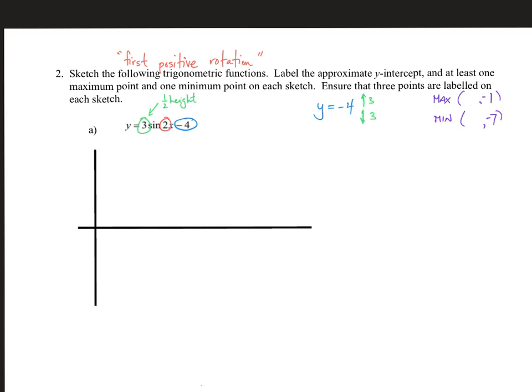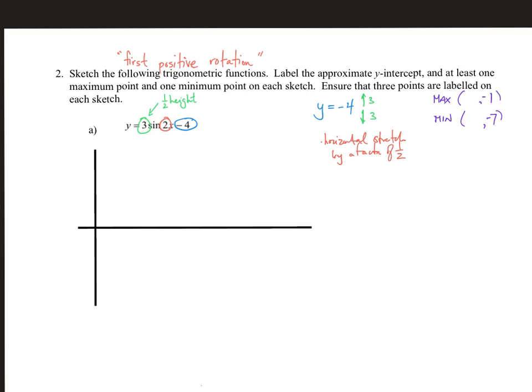I know that that 2 means a horizontal stretch by a factor of 1/2. So that means whatever my maximum, my minimum occurred, wherever that occurred, they now have to occur half the distance to my y-axis.